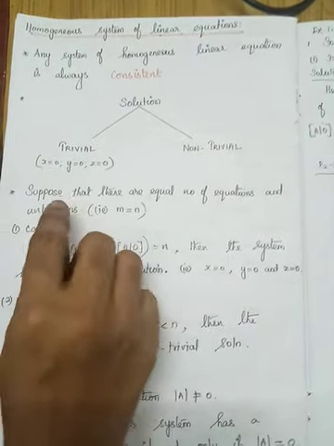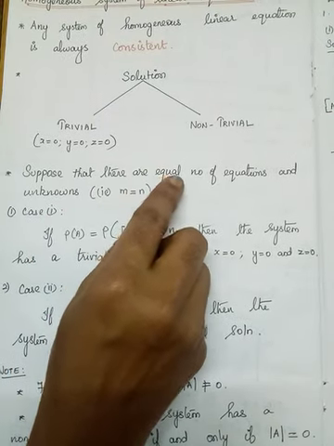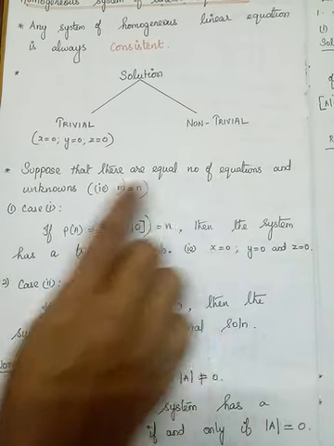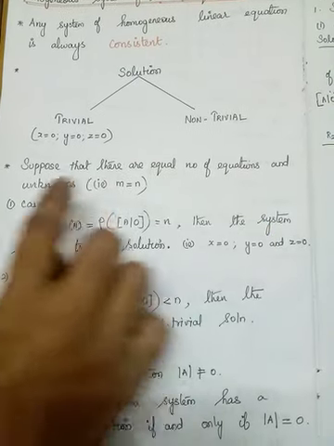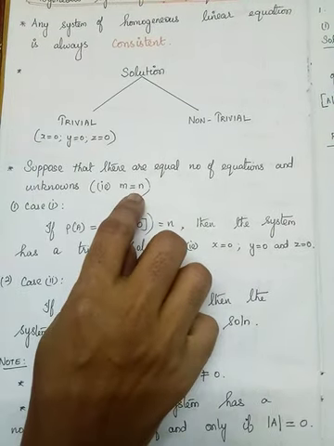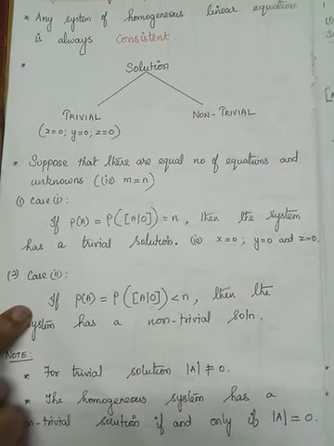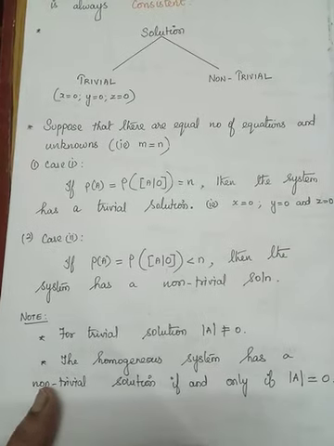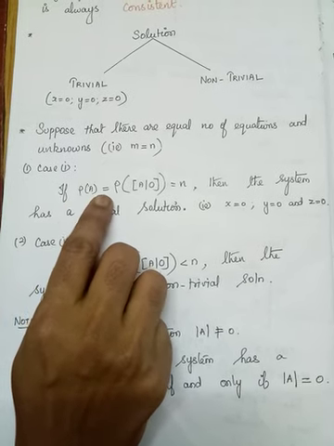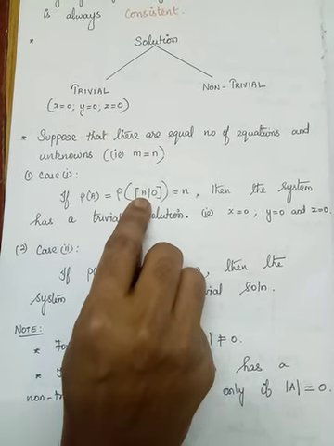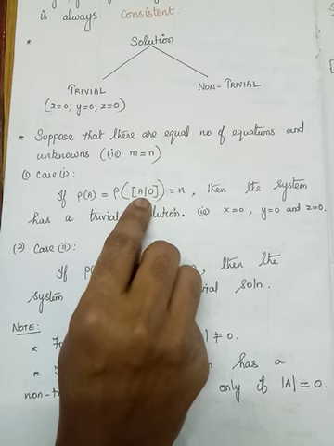See that here there are an equal number of equations and unknowns. That means the number of equations and the number of unknowns are equal. So we will have two cases to find the solution. The first case: rank of A, which is equal to rank of [A|0], is equal to n. This is the augmented matrix.